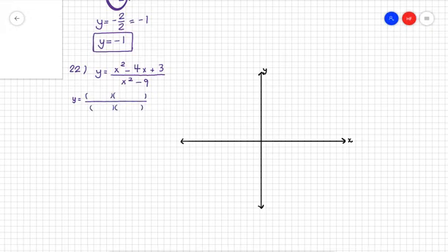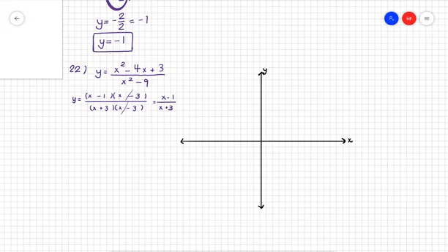The bottom, I can already tell, is a special case. It's a difference of squares. So we've got plus 3 and minus 3. And on the top, we need two numbers that multiply to positive 3 but add to negative 4, which would be negative 1 and negative 3. So we cancel out that x minus 3, and an equivalent rational would be x minus 1 over x plus 3.